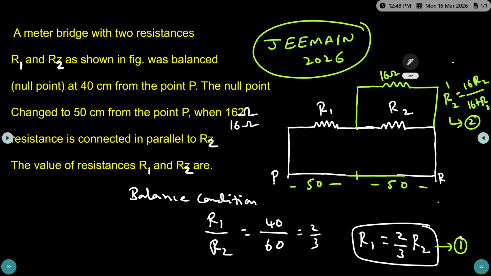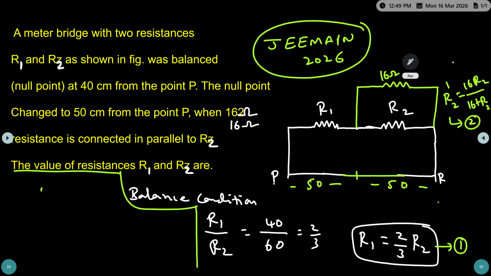And according to the null point length, you have to rewrite the balance condition here. Again I am writing the balance condition with respect to the null point. Here resistance is R1, the other total resistance is R2 dash.